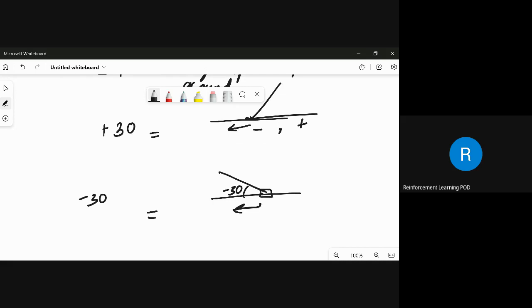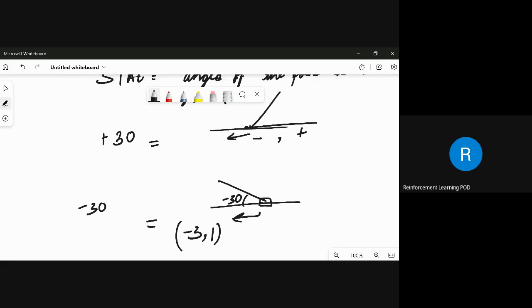That means your mu will be negative, let's say minus 3 feet, and sigma could be 1. So you don't have to worry about left and right; the formulation itself will take care of whether to move left or right. You don't have to make any decision explicitly.